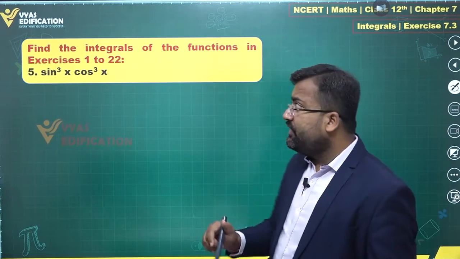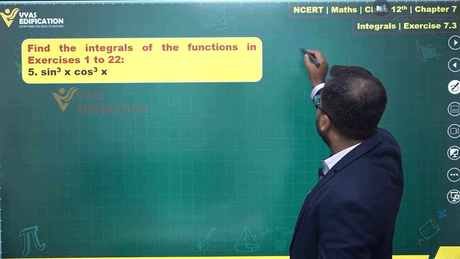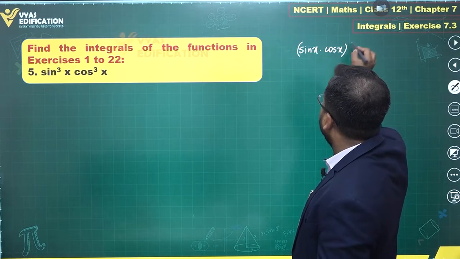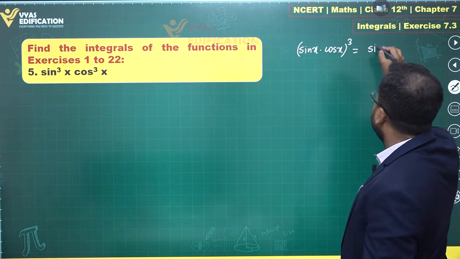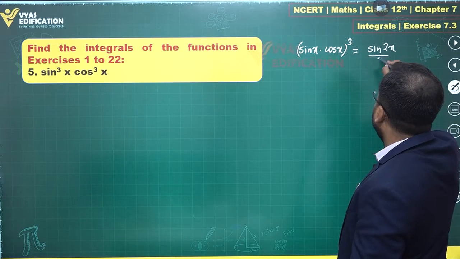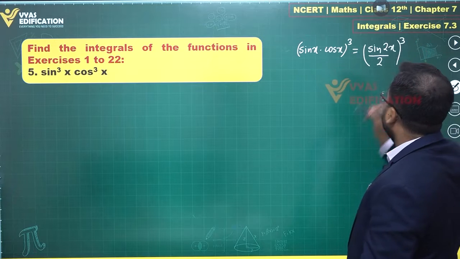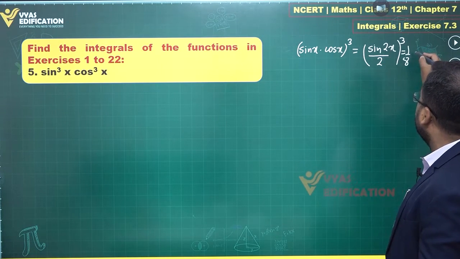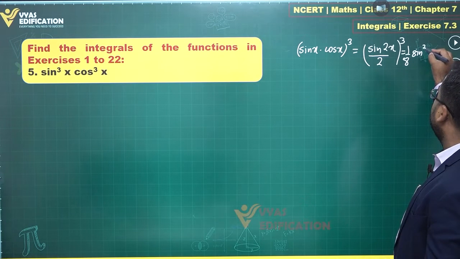So I write sin x times cos x power 3, and this will convert to sin 2x by 2 power 3. This is actually 1 by 8 sine cube 2x.